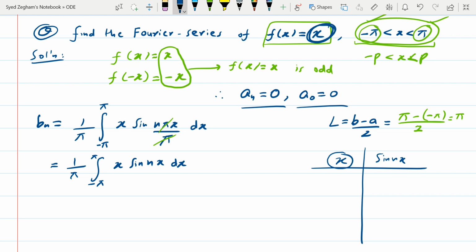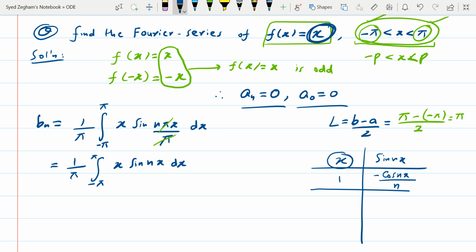So the first function you will differentiate and the second function you will integrate, and we continue till we get 0 in the derivative part, right? So derivative of x will be 1, and integration of sine nx will be cosine nx with a minus, divided by n.